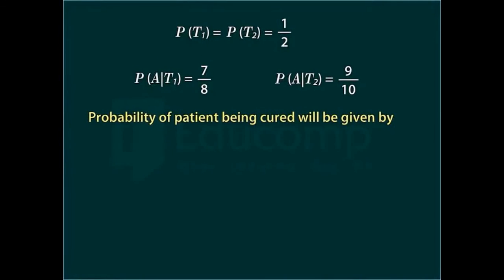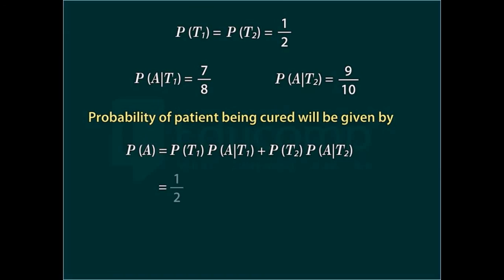Probability of patient being cured will be given by P of A equals P of T1 into P of A, given that T1 has already occurred, plus P of T2 into P of A, given that T2 has already occurred.